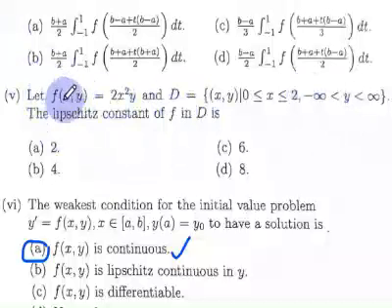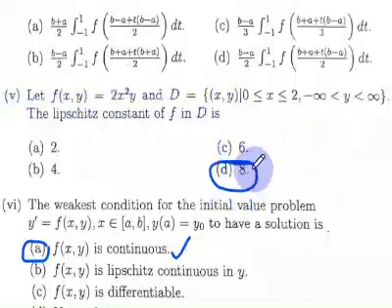You know that x is bounded by 2, so what do you get? 2 times 2 squared, which is 8. 8 is the least upper bound for that derivative. So the Lipschitz constant will take that value, so the Lipschitz constant would be 8.